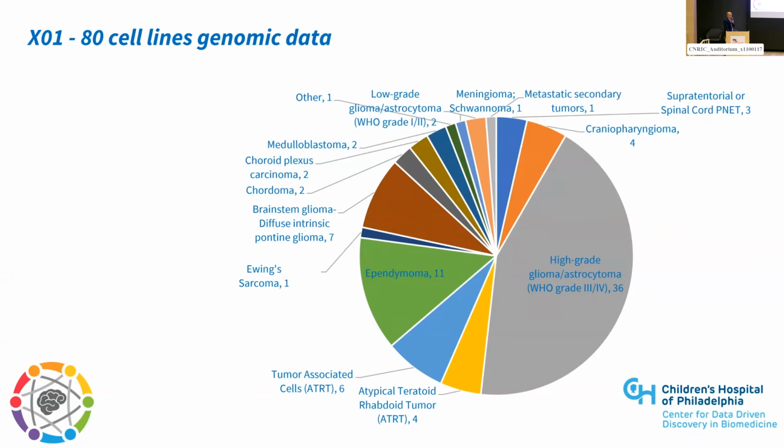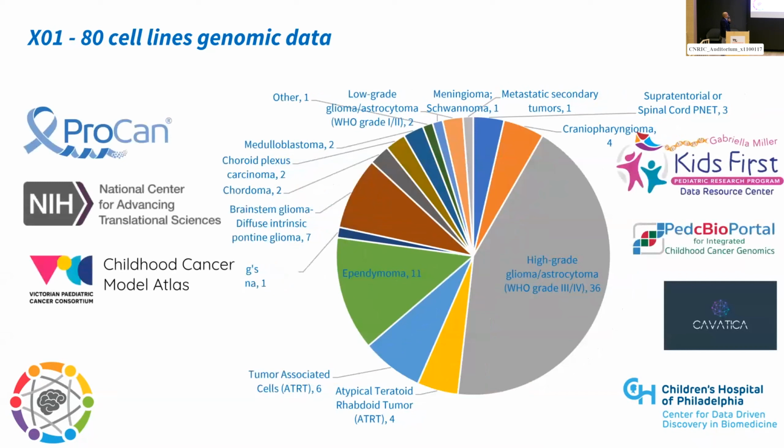The beauty of that genomic collection is the fact that for many of them, materials from the same exact event and time point were sent to ProCan analysis as well, shared with Ron's group around the Childhood Cancer Model Atlas, and sent to NCATS for drug testing.